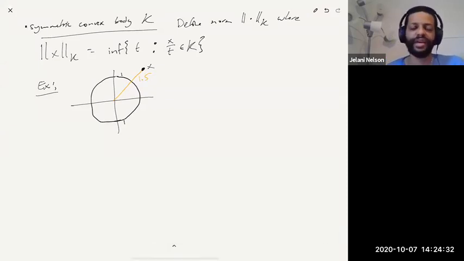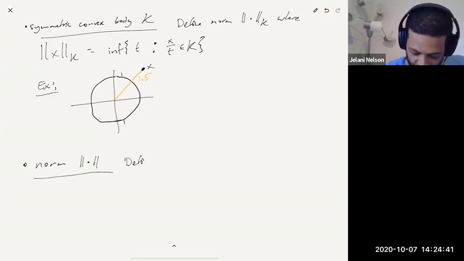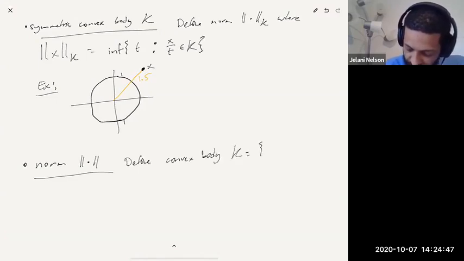And then, on the flip side, if I have a norm, I can define the convex body K, which is defined to be basically the set of all x that have norm at most 1.